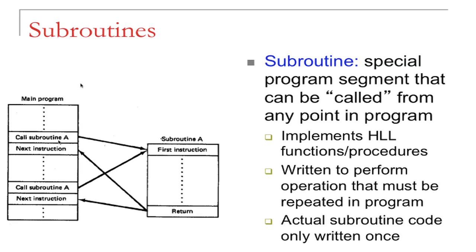Once this call instruction is executed, the microprocessor will continue its execution from the first instruction of the subroutine. It will finish all the instructions in the subroutine until the very end one, which is typically a return instruction. And that return instruction will make sure that microprocessor goes back to its main program right after it made the call.